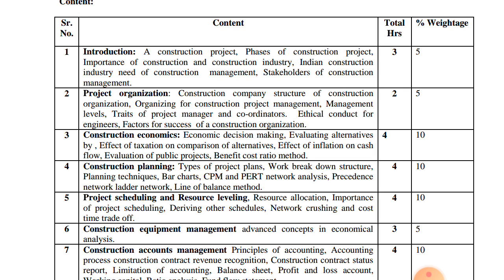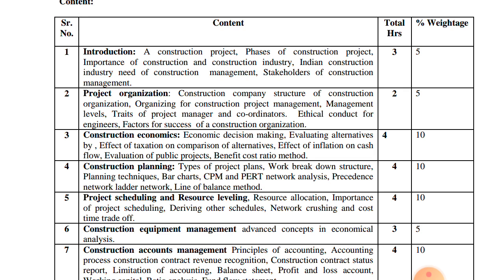There are different resources, like machinery. Sometimes, for example, when we do concrete work, a mixer machine is required. From the scheduling we know the exact date and time at which we require the mixer machine for the concreting work.